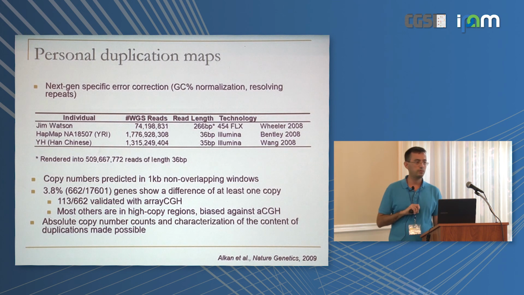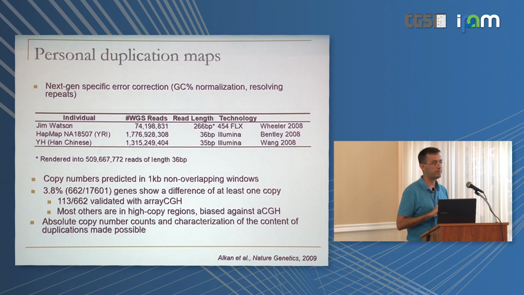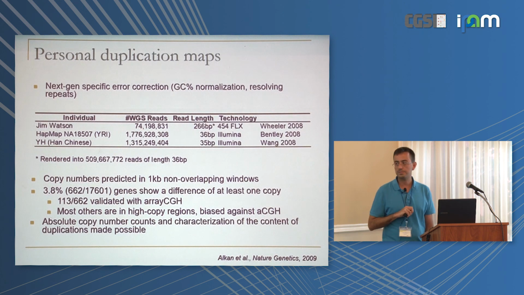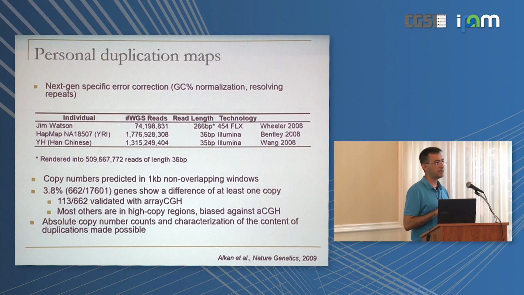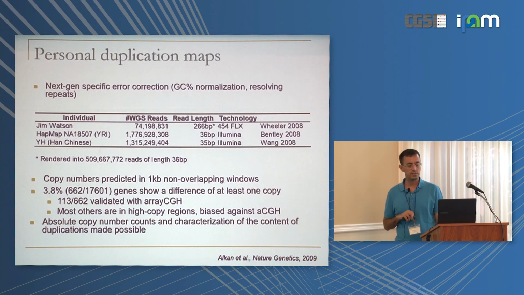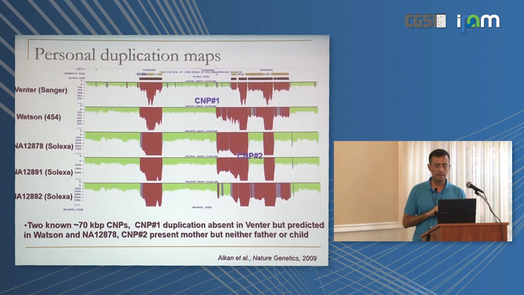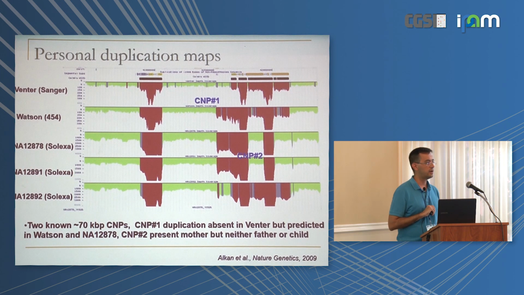And then at the end, we were able to predict the copy numbers in 1 KB non-overlapping windows. And then we could assign integer copy numbers to duplicated genes. So this was something that we were not able to do before with the microarray technologies, but the next-gen technologies gave us this power. And when we look at different genomes, this is how it looks.